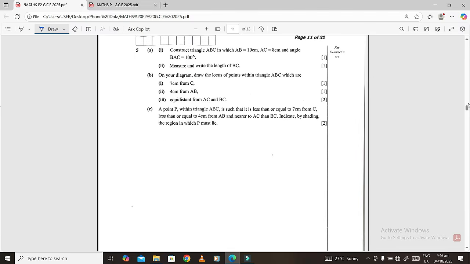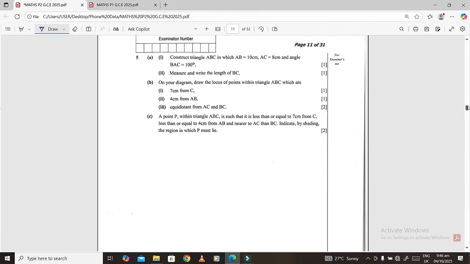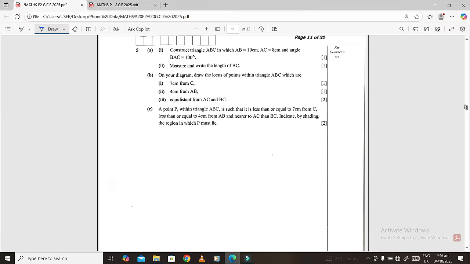It's construction. So for construction, I'm not going to use the instruments, but I'll just guide you because I did this question, I think. Yeah, so I know how the answer is coming out. So you first need to put your ruler, you draw A, B, you come and put your protractor here, and then you measure 100.